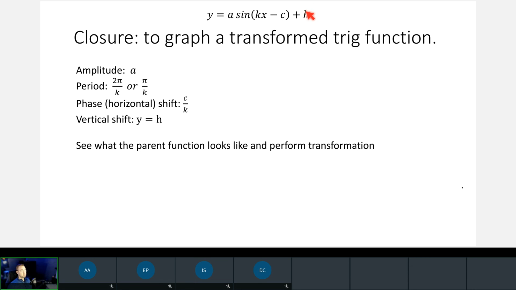If it's plus, it's up. If it's negative, it's down. And other than that, you want to see what the parent function does and then just do your shifts accordingly. Not too bad. And I think one unwritten thing is to check in GeoGebra.